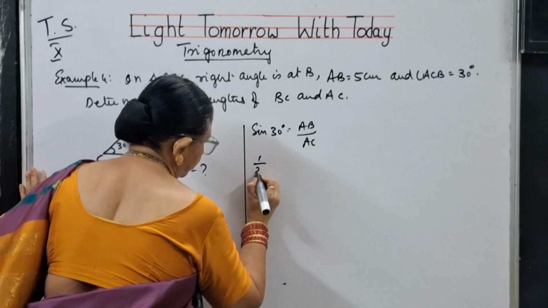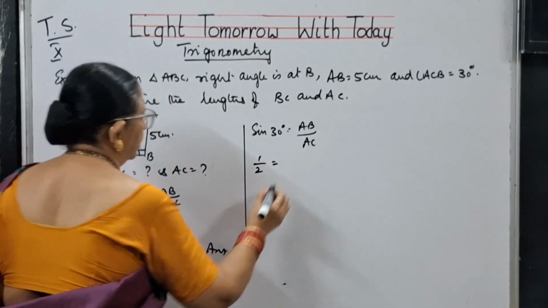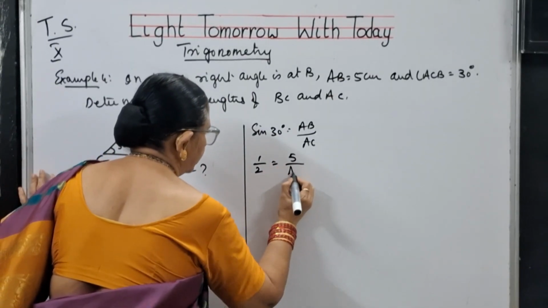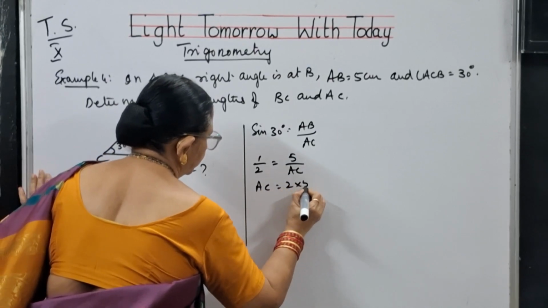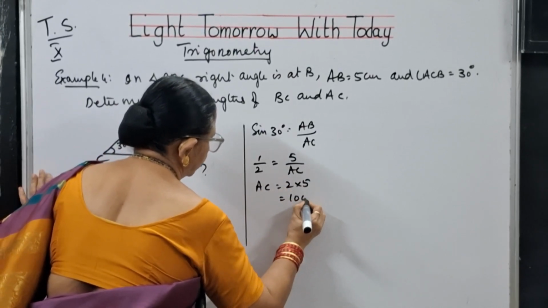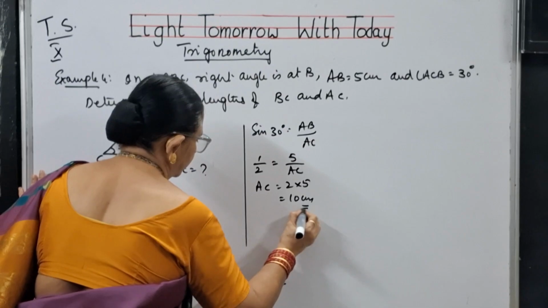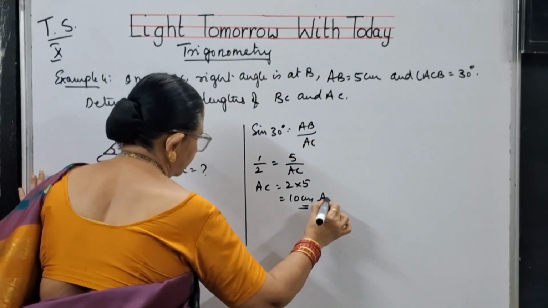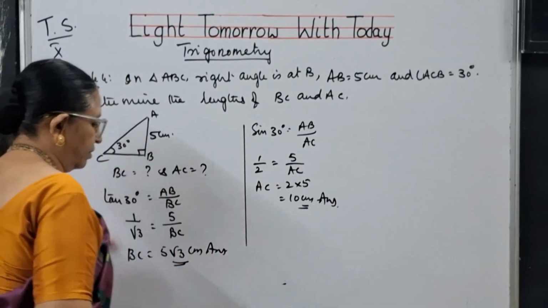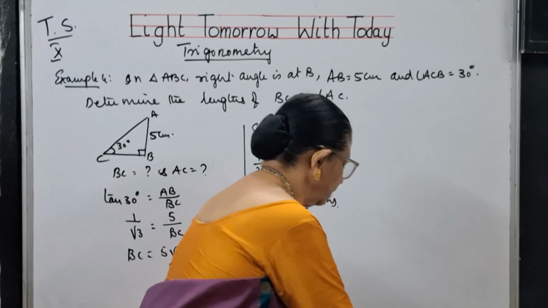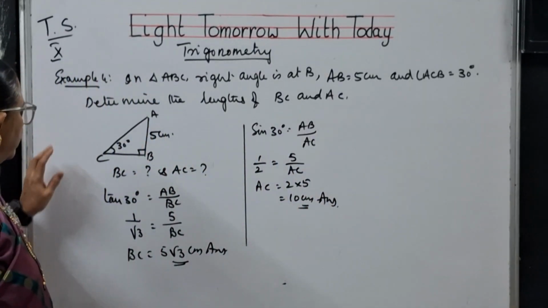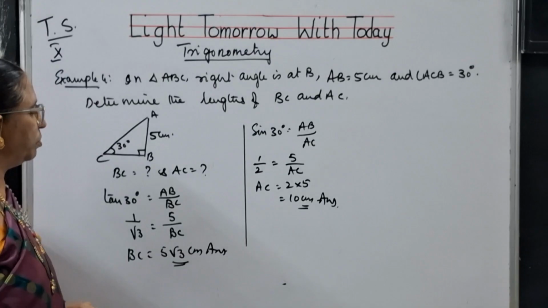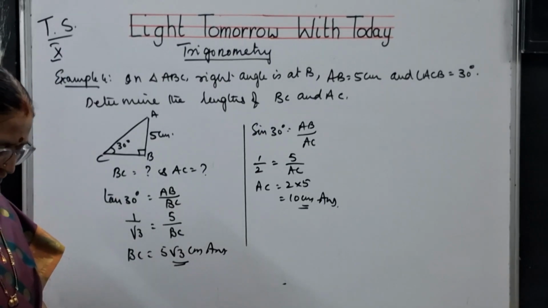Sine 30 value is 1 by 2, equal to AB, which is 5, by AC. So what is AC? AC is equal to 2 into 5, that is 10 centimeters. This is one answer. So BC is 5 root 3 centimeters and AC is 10 centimeters. They are the answers of this problem, children. Please note it down.